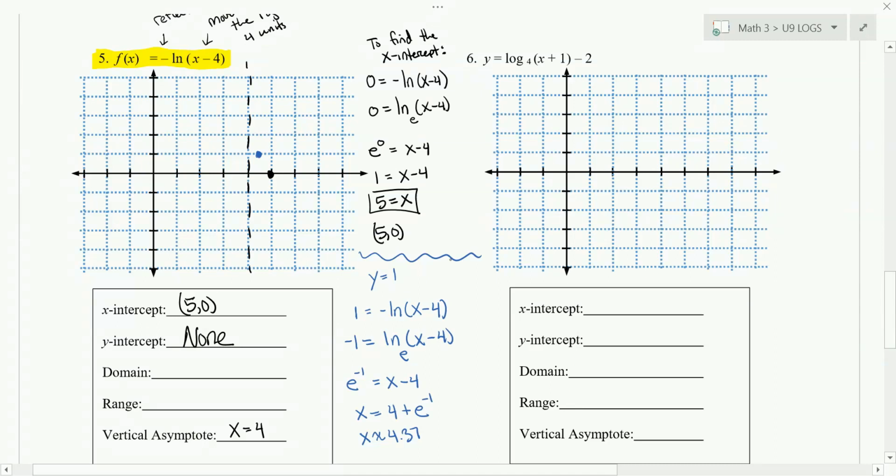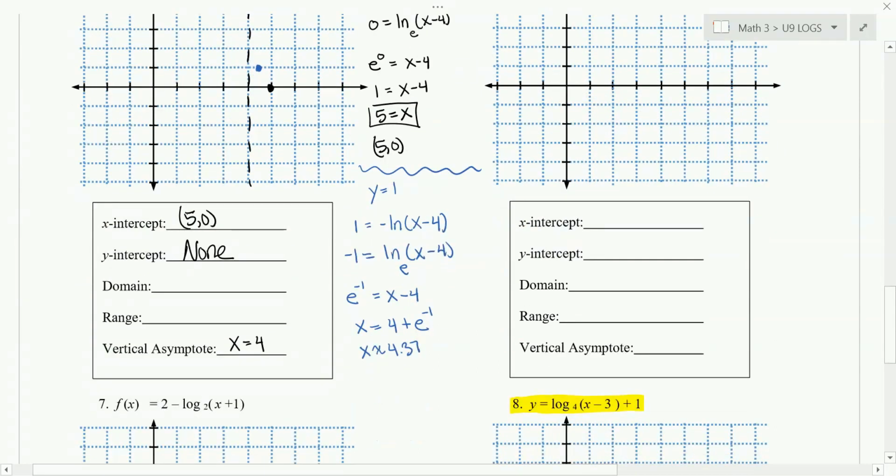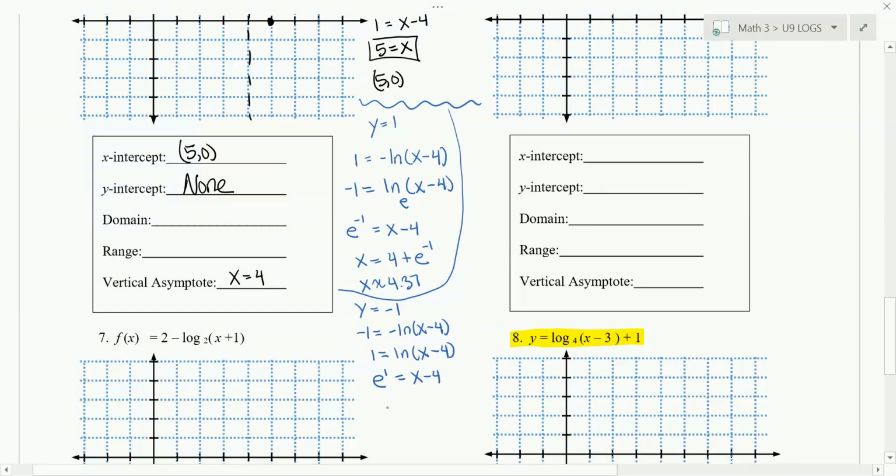Let's get one more point here. Let's try when y is negative 1. So here we get negative 1 is negative natural log of x minus 4. So positive 1 is natural log of x minus 4. So e to the 1 is equal to x minus 4. So x is 4 plus e.